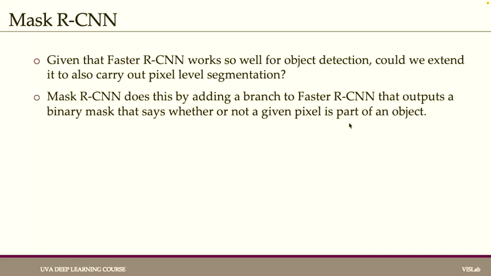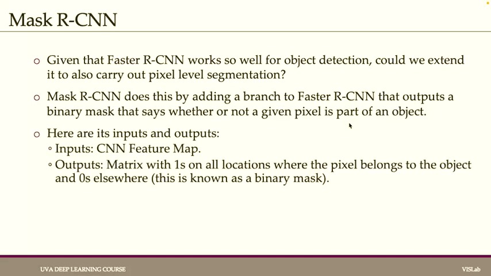And the way this is done is by simply taking this box where we are sure that there's an object inside, and now we're simply going to predict a binary mask that says, for every given pixel in this box that we got, whether there's an object present or not. So this additional neural network, which we add to the Faster RCNN pipeline, is simply using the CNN feature map and outputs a matrix with ones or zeros.